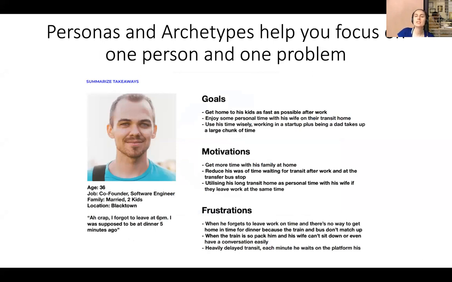They help you focus on that one person and one problem, and particularly what their frustrations are. Many people, especially who come with a startup idea, have a hard time backing up and really remembering what their tiny mission is, the one person, one problem thing. But we're going to spend time today remembering what that is. That's going to be the micro workshop, and the personas and archetypes will help.